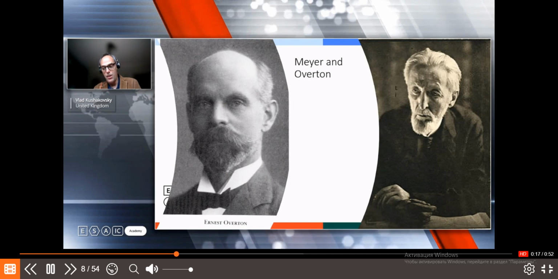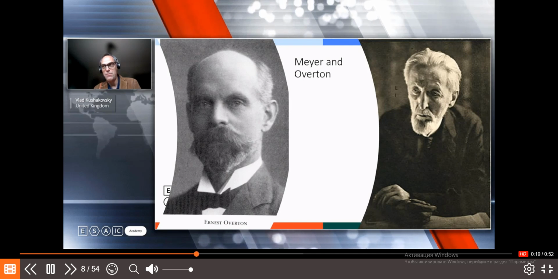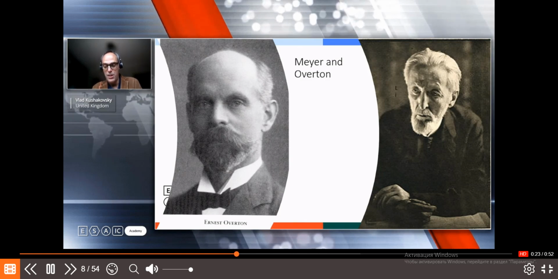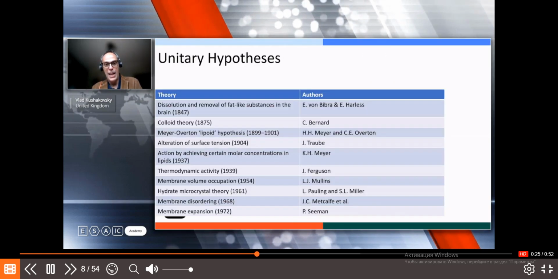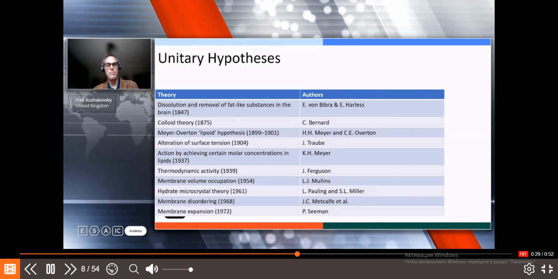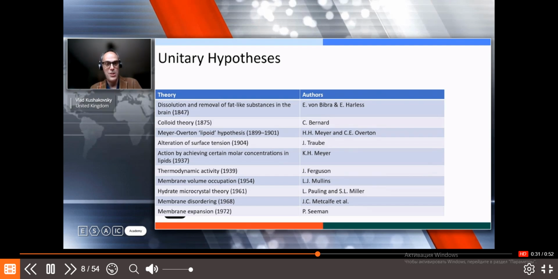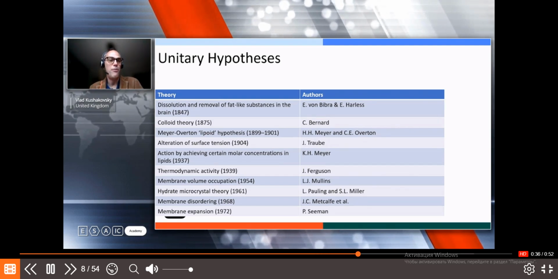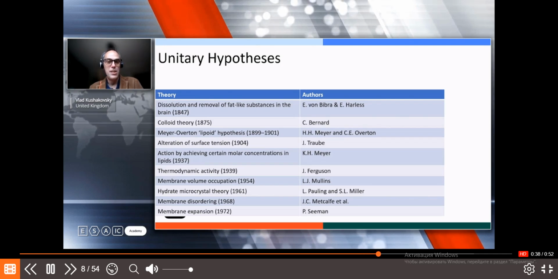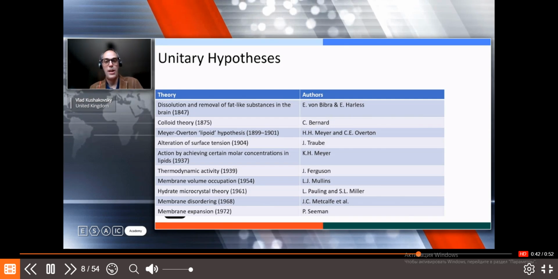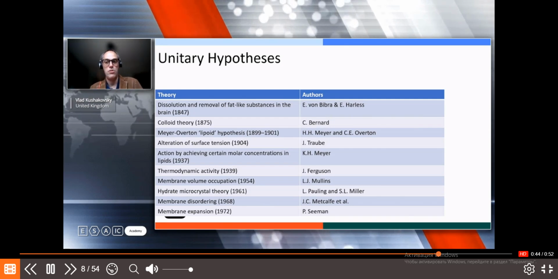Although the most famous one in the history of anesthetic agents, it is not the only one that's been produced. As you can see from this table, from 1847, scientists were troubling themselves with the question of how anesthetics work, and they produced all sorts of theories.